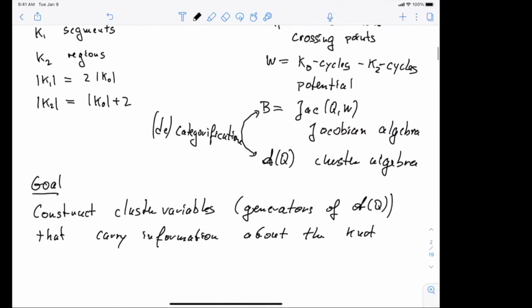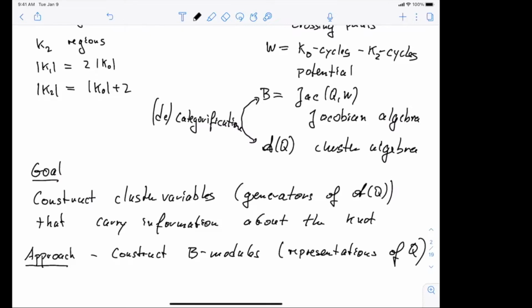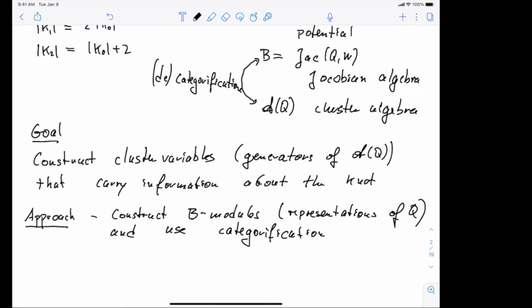And our approach, well, there's two approaches. Our approach is to construct B modules, which we'll think of as representations of the quiver, and use categorification. And this is what I'm going to talk about today.